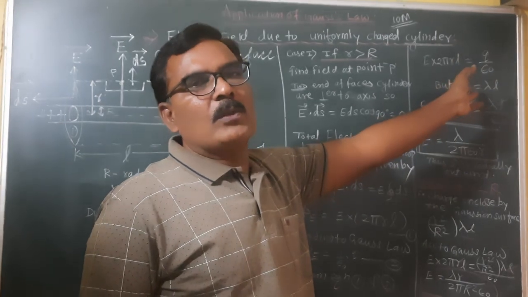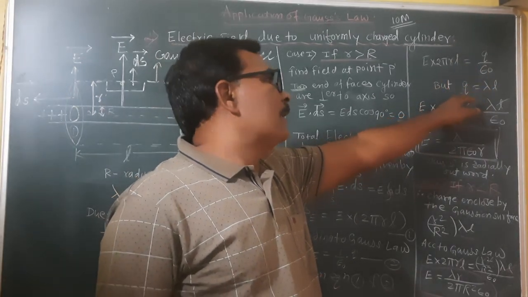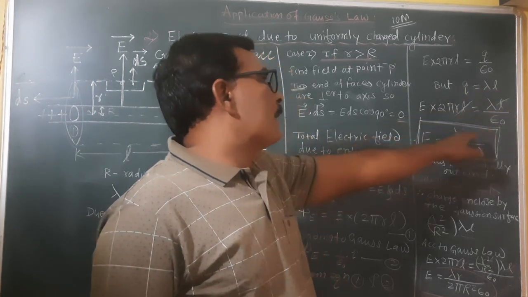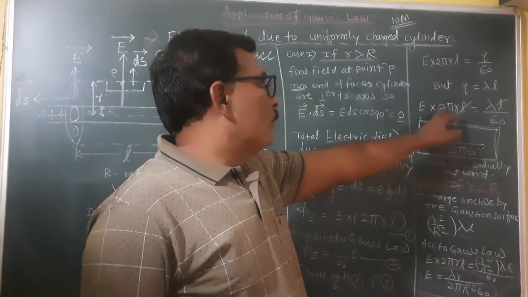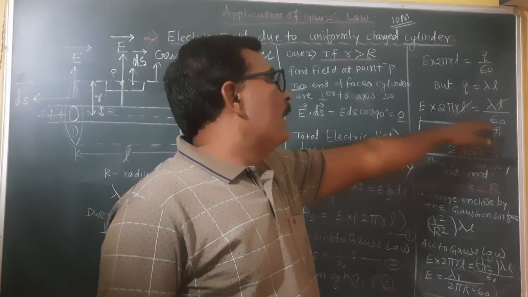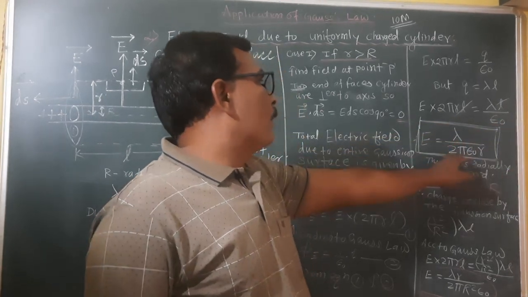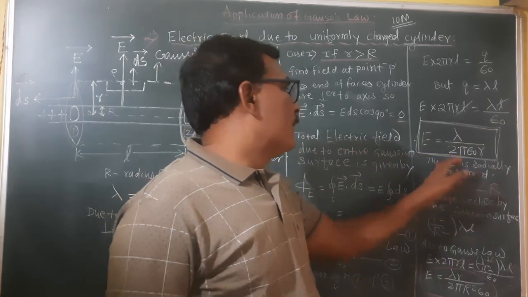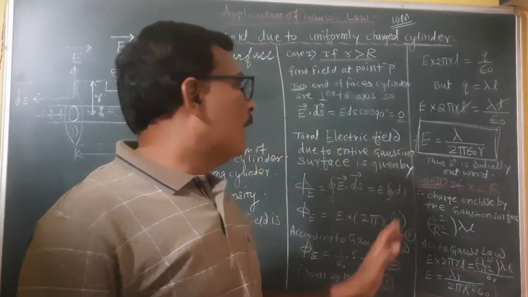Lambda is equal to Q by L, the linear charge density, and Q is equal to lambda into L. Here L gets cancelled, so E is equal to lambda upon 2 pi r epsilon 0, and this electric field is always radially outward.